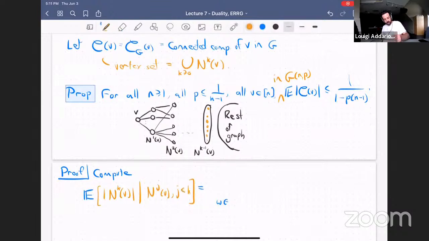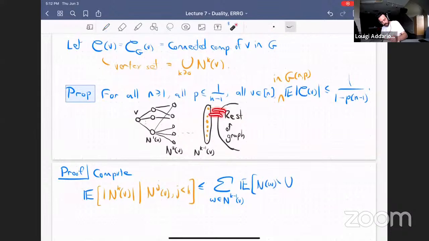So that means that I can bound this expectation from above by the sum over vertices in the k minus first neighborhood of the expected number of new vertices added by neighbors of W. So that's N(W) minus the union over J at most k minus 1 of N_J of V, given all these neighborhoods.